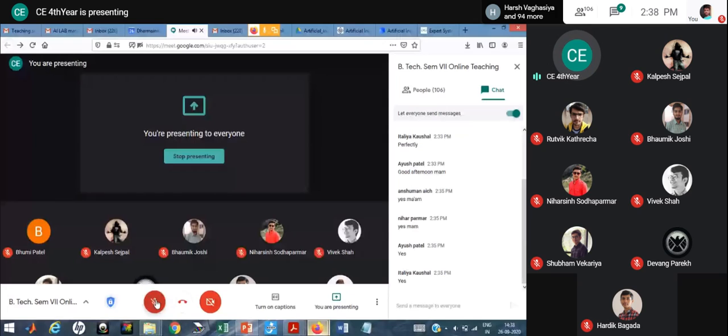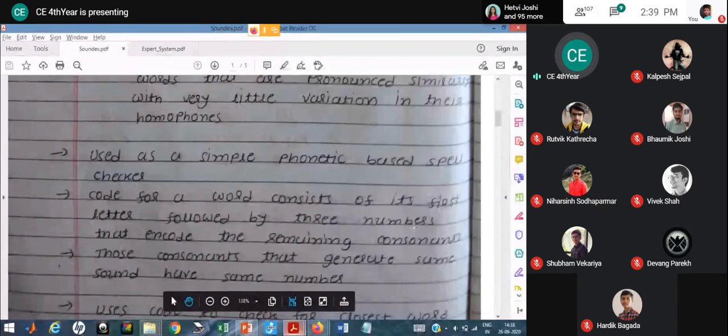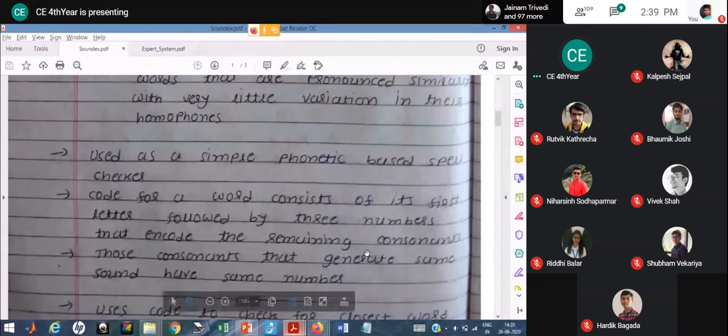So, listen. The Soundex algorithm is a simple phonetic-based spell checker. The code for a word consists of its first letter followed by three numbers. This thing you have to remember: always, the code for the Soundex algorithm consists of the first letter followed by three numbers that encode the remaining consonants.